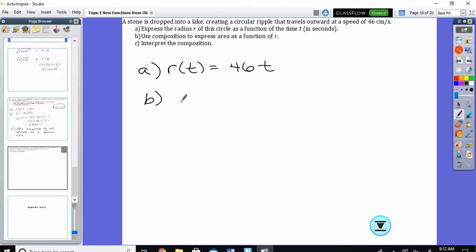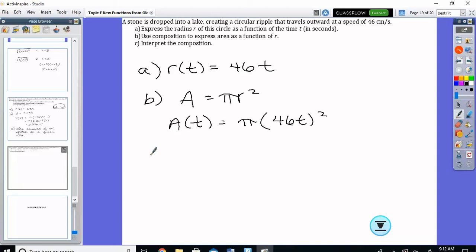B, I want area as a function of t. We are talking about a circle. What's the area of a circle? We used it in the last example. Pi r squared. So area as a function of time, I have to replace my r with 46t, squared. Now, again, on a test, you don't have a calculator.